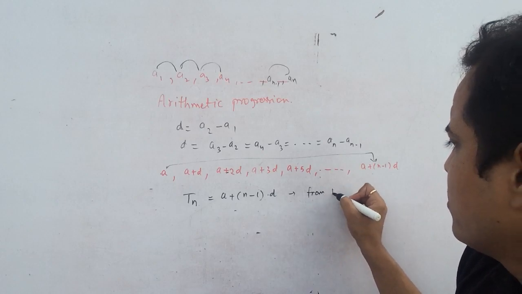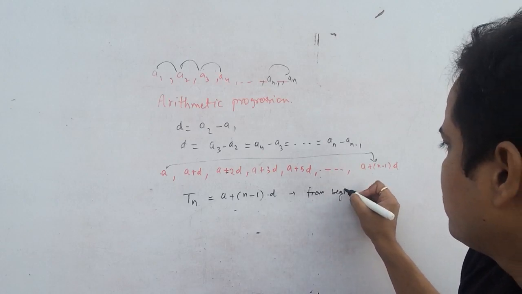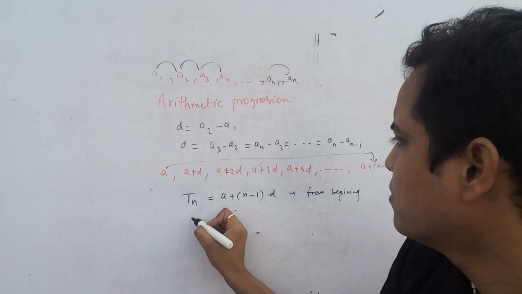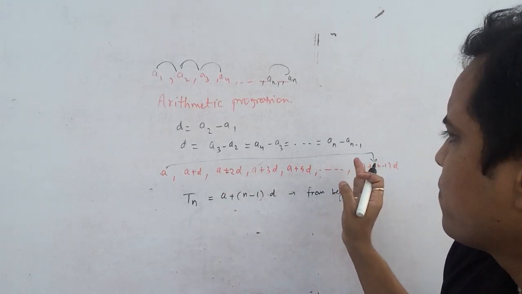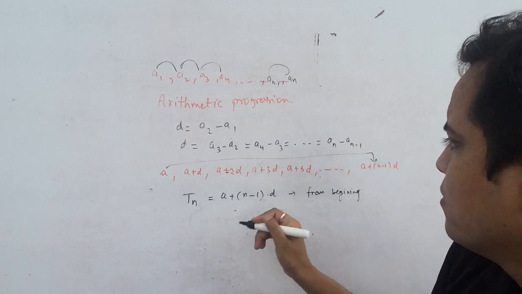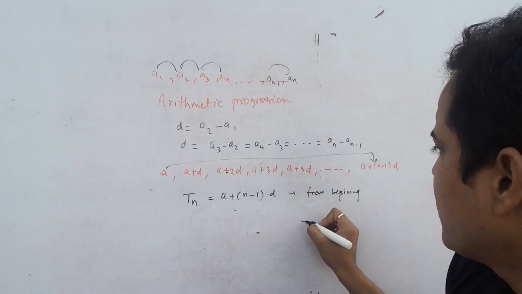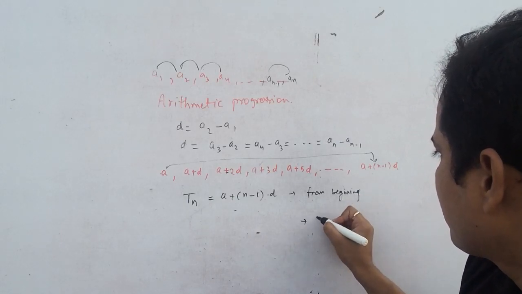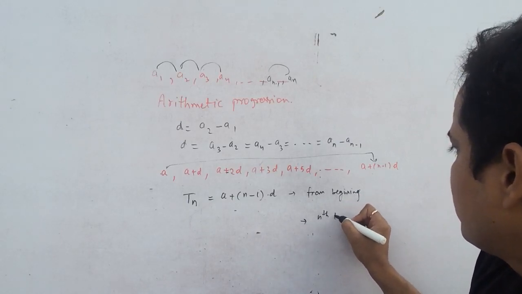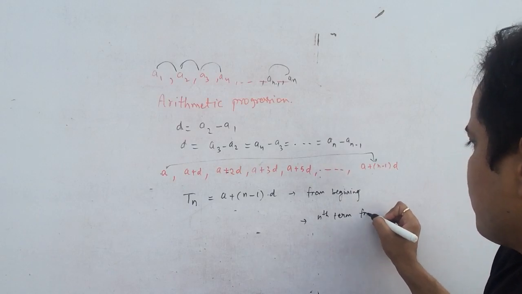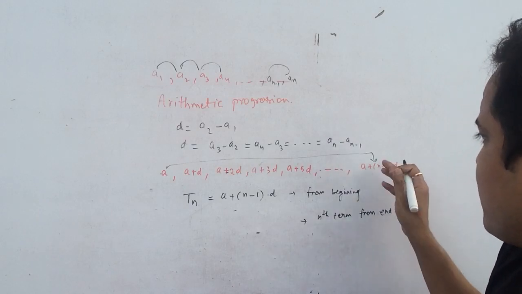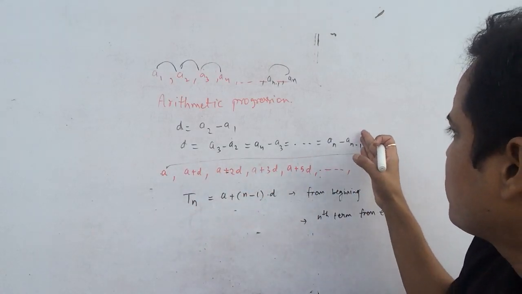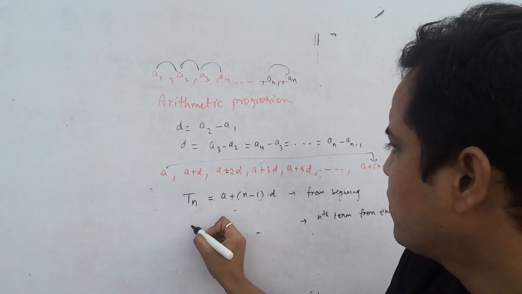And the nth term from the end: if you want to find the nth term from the end, that means you are not calculating from the beginning. So how would you find it?